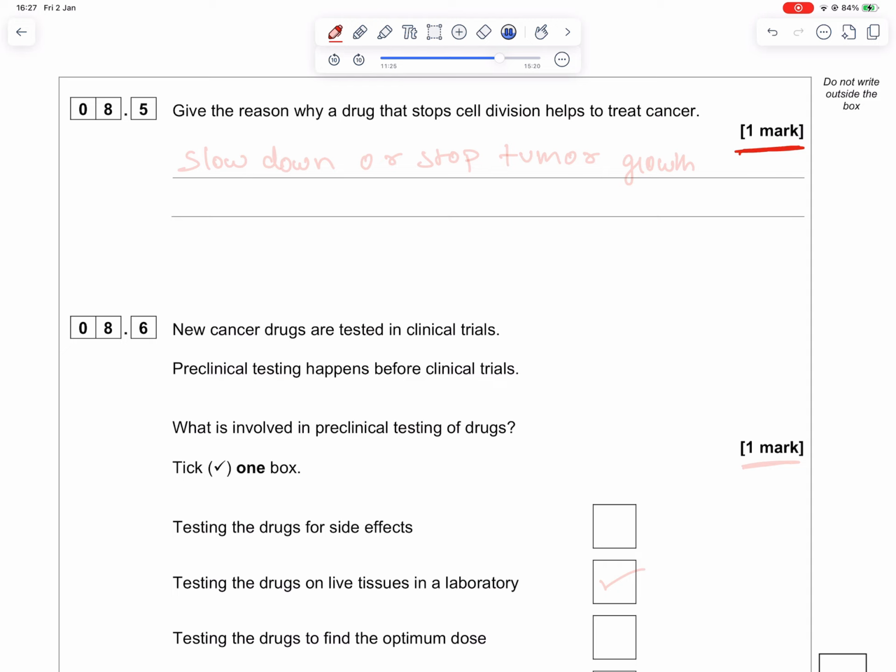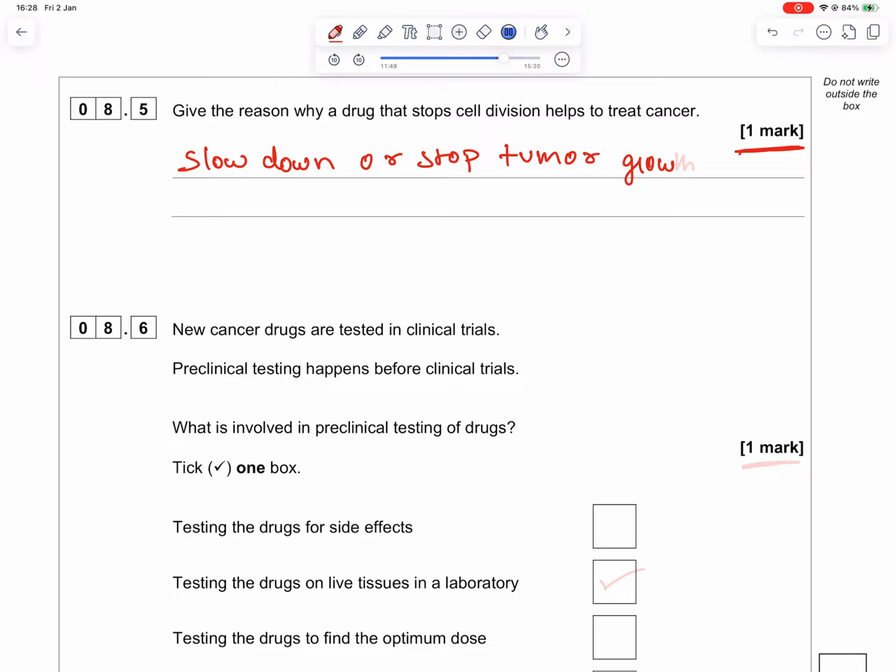Cancer cells divide rapidly. That's how cancer grows. So cancer is caused by uncontrolled cell division. Drugs that stop cell division slow down. So the key phrase is they slow down or stop the tumor growth.